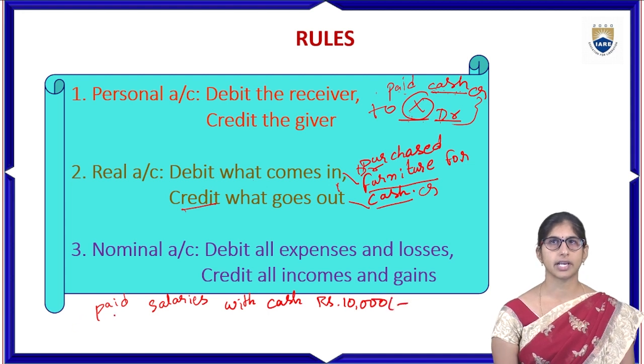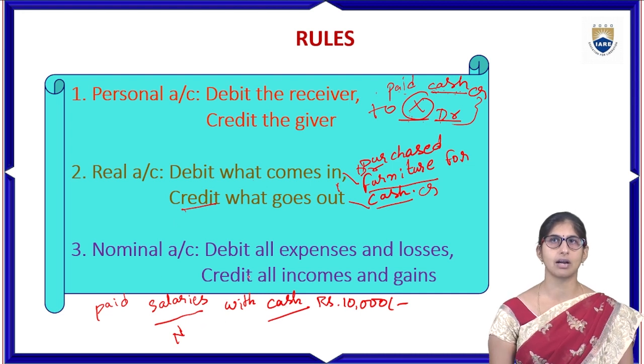This is another transaction. Okay. So salaries is a recurring expense and cash is another important item here. Salaries comes under nominal account, so I'll write it as N, that represents nominal account.